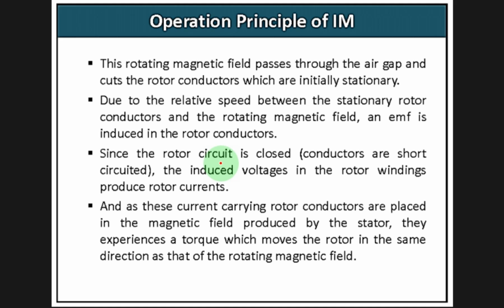So the rotor will start to move in the direction of the rotation of the magnetic field, due to this magnetic force or the torque generated by the external field. So this is how the induction machine rotates.